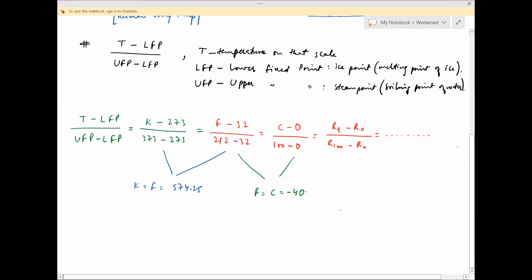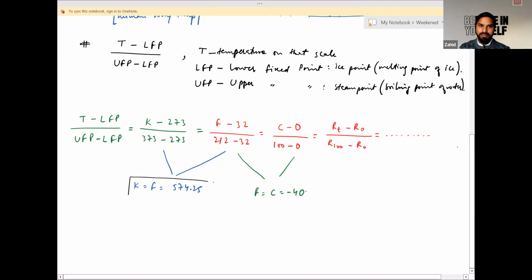Sir, can you explain what is K equals to F equals to 547.25? If you have to calculate the temperature at which the numerical value of the Kelvin scale and Fahrenheit scale are equal to each other, I calculated that numerical part. Just put K equals to X and F equals to X and equate these two expressions.